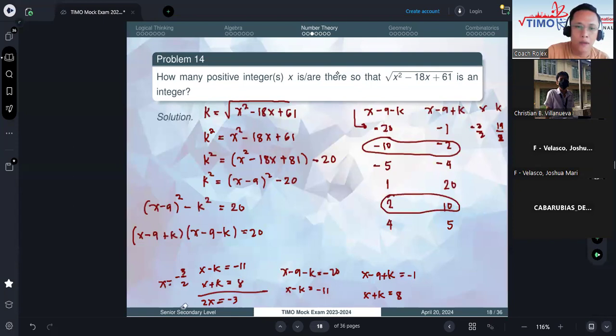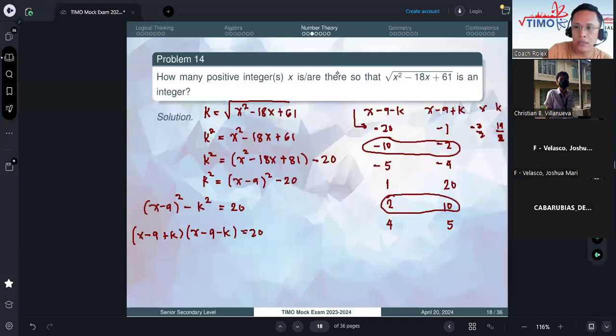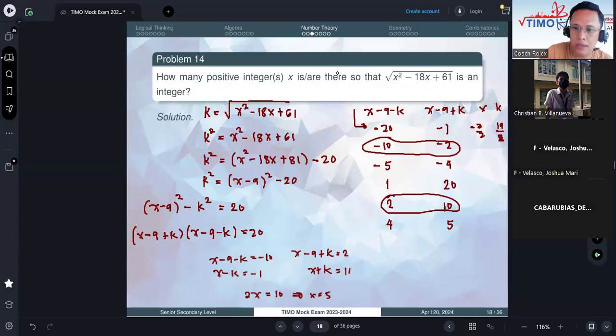For example, x minus 9 minus k is equal to negative 10, so x minus k is equal to negative 1. If x minus 9 plus k is equal to 2, then x plus k is equal to 11. If you add them both, you will have 2x is equal to 10, that is 11 minus 1. And this will give you x is equal to 5.